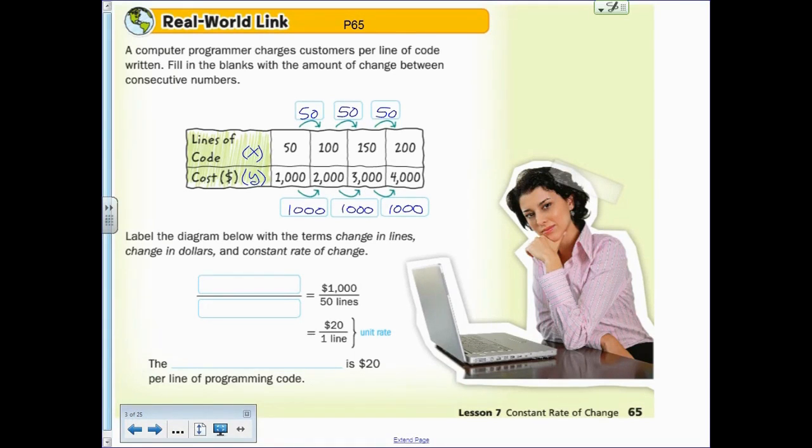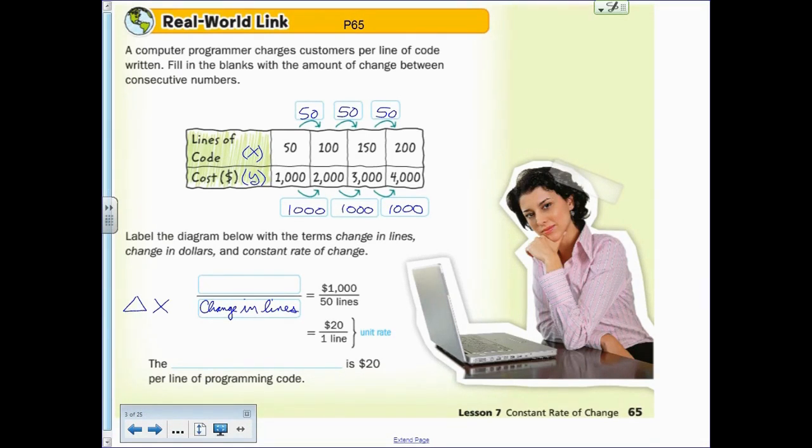It says label the diagram below with the terms change in lines, change in dollars, and constant rate of change. So change in lines is down here on the bottom. Notice the X number is on the bottom, and so we put change in lines here. We could also call that change in X, and I'm going to use this triangle.